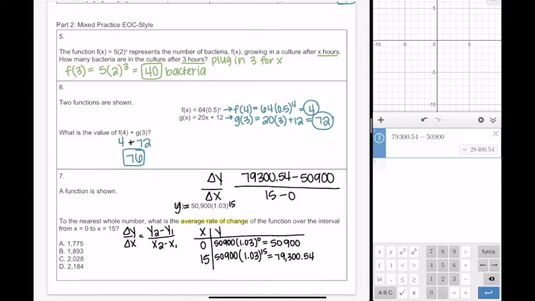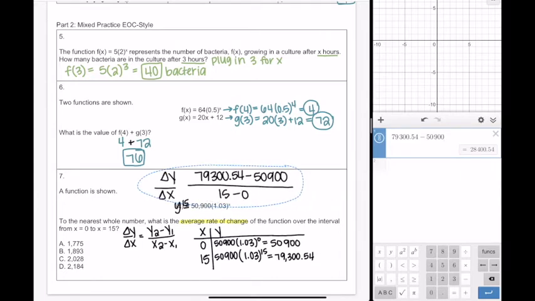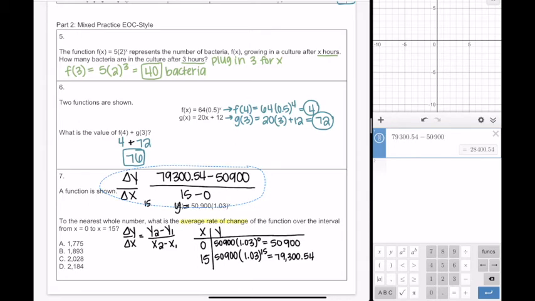All right, so if we simplify that, that's 28,400.54 over 15 minus 0 is 15.